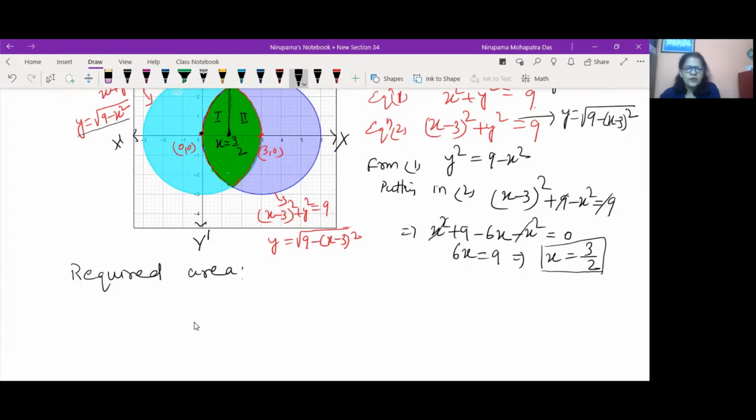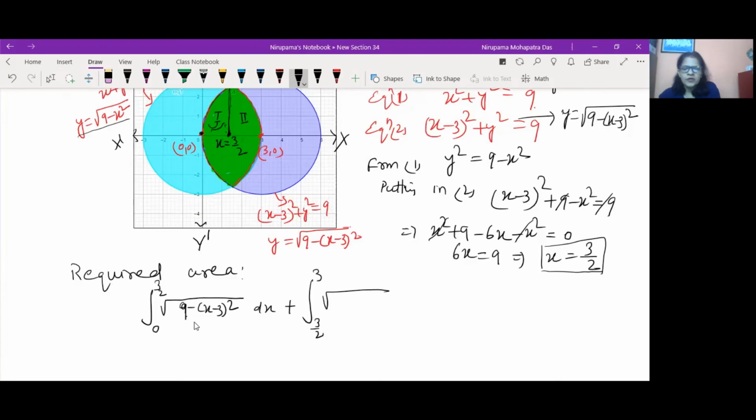Required area is, so you can write here from 0 to 3 by 2. Okay, first part, this area of the first part is what? 0 to 3 by 2. It is y of what? Second circle, 9 minus x minus 3 whole square, right? dx plus area of the second part of the curve, which we have marked as second part, that is from 3 by 2 to 3 and bounded by what?